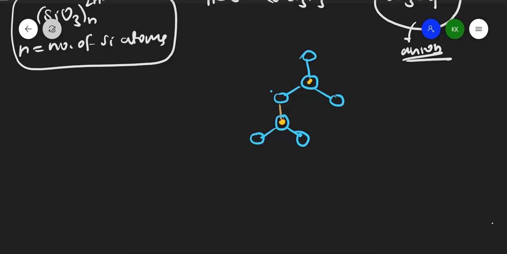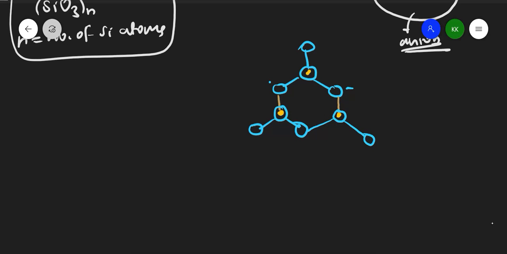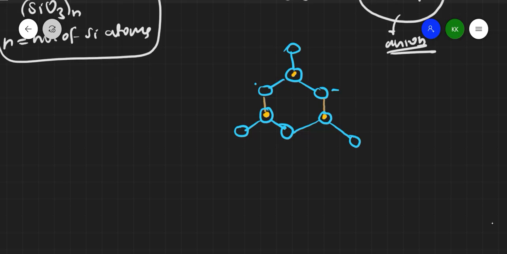Similarly, this oxygen is again attached to one more silicon like this, which again has four oxygens: one, two, three, and this one is four. So here, I have made this with three orthosilicates. With the red marker, let me show.